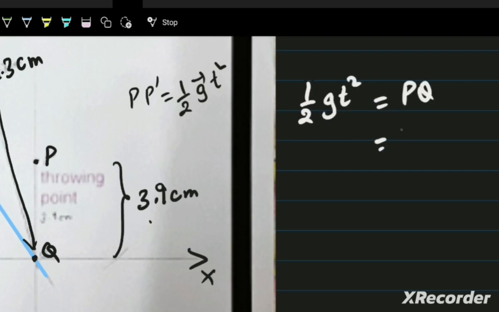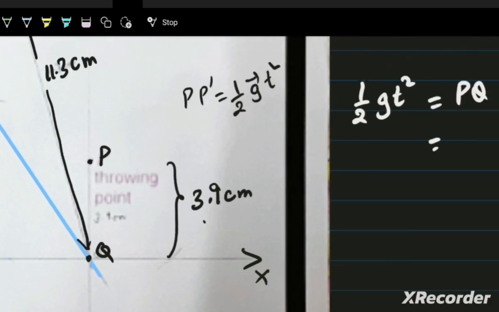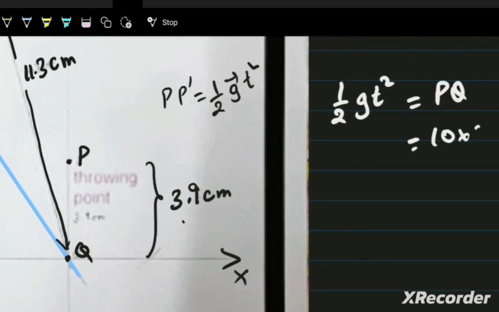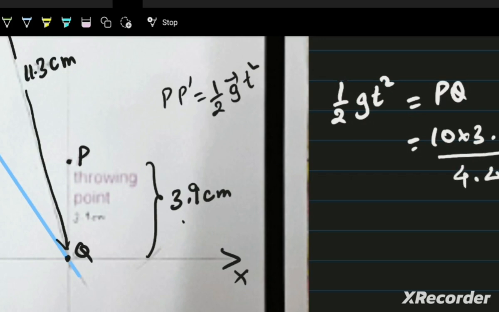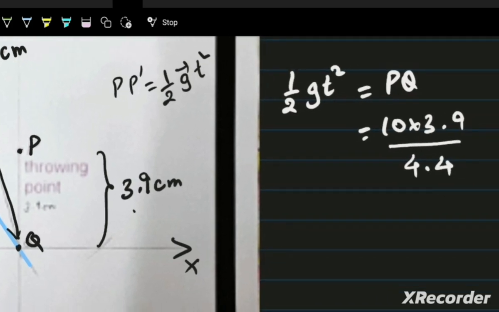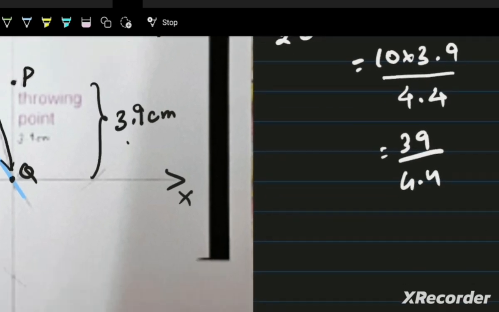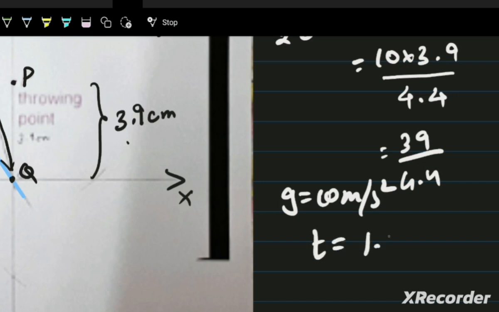Now since 10 meters is equivalent to 4.4 centimeters, 3.9 will be equivalent to 10 into 3.9 by 4.4, which came out to be approximately 39 by 4.4, and putting g is equal to 10 meters per second square, time came out to be 1.38 seconds.